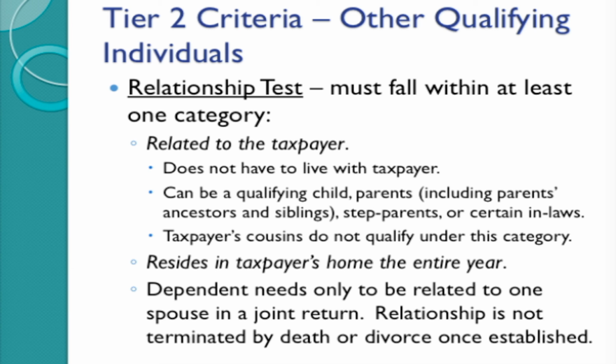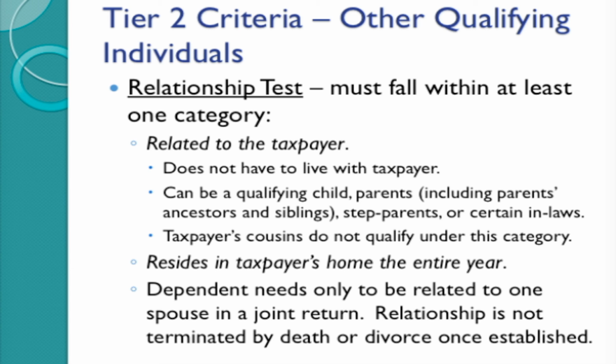So again, you don't have to be a qualifying child to be claimed as a dependent. You can be claimed as a dependent under the other part of the Tier 2 requirement, which is the other qualifying individual. This slide shows the first of 3 tests that you must pass in order to be considered an other qualifying individual.